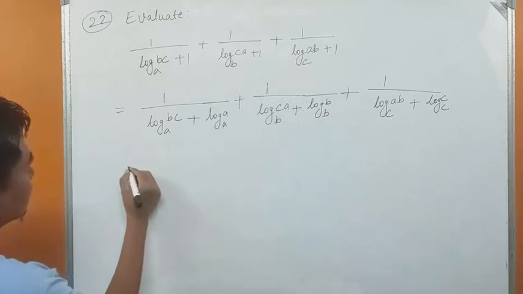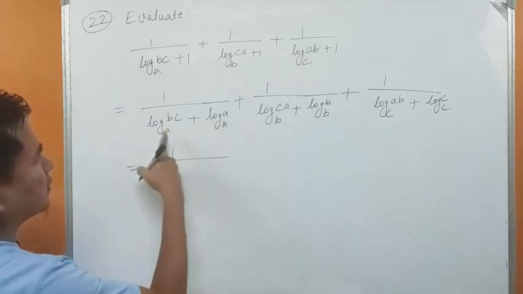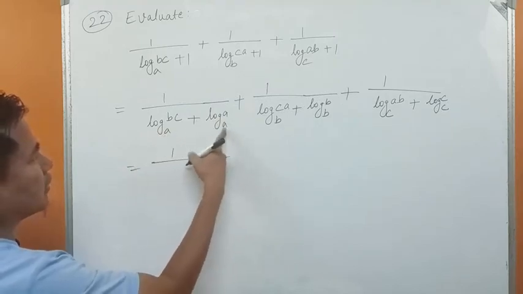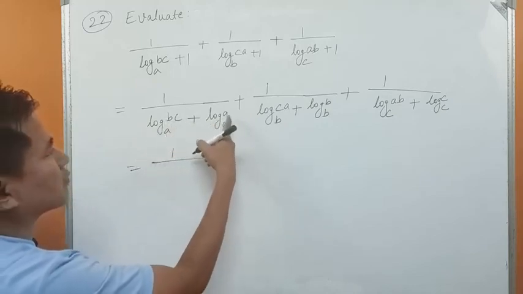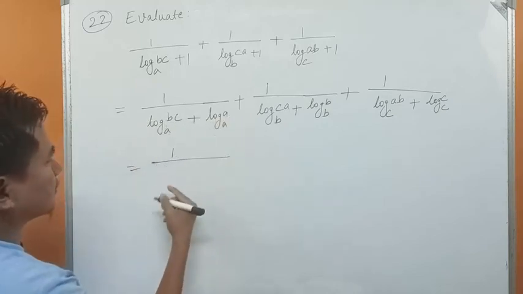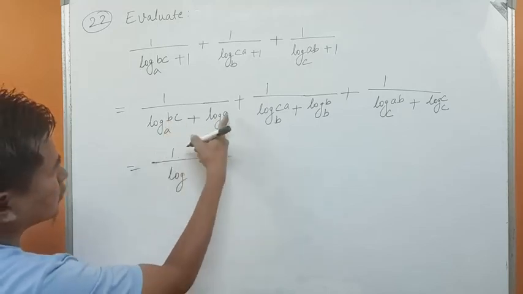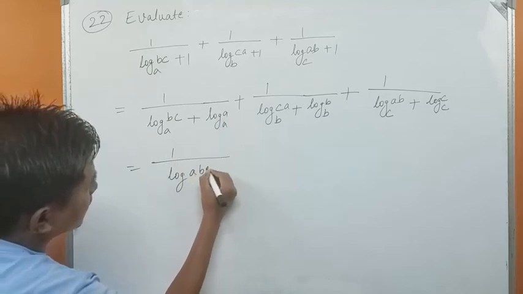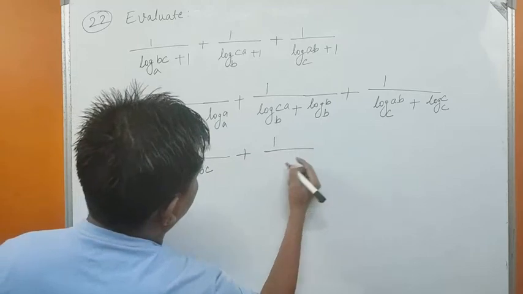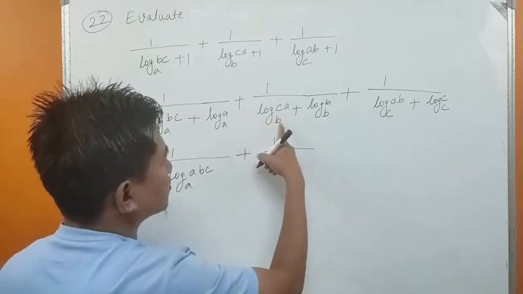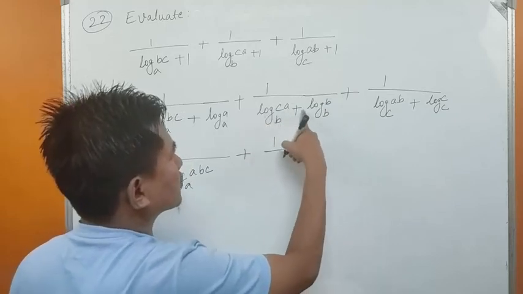Okay, now this is 1 upon log bc plus log a, same base, isn't it? Bases are equal, so log m plus log n, isn't it? So this gives us log bc into a. Bc into a is abc to the base a, plus 1 upon log ca to the base b plus log b to the base b, same base, so log m plus log n, isn't it?